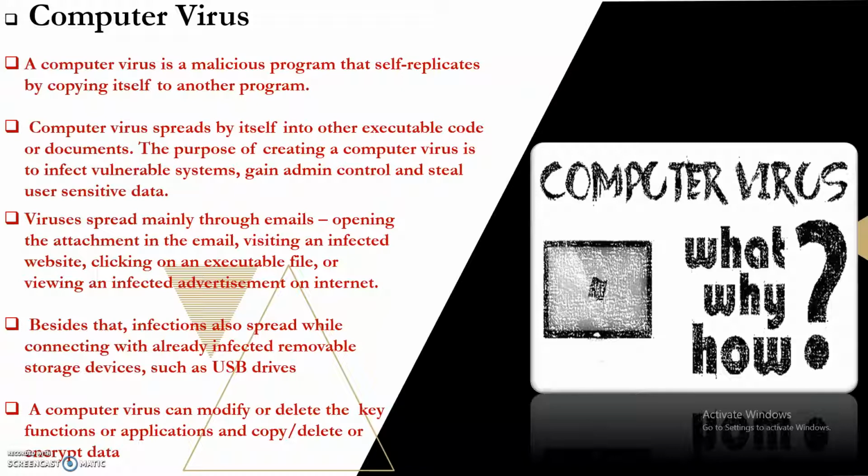Besides that, infection also spreads while connecting with already infected removable storage devices such as a USB drive. A computer virus can modify or delete key functions or applications and copy or encrypt data.